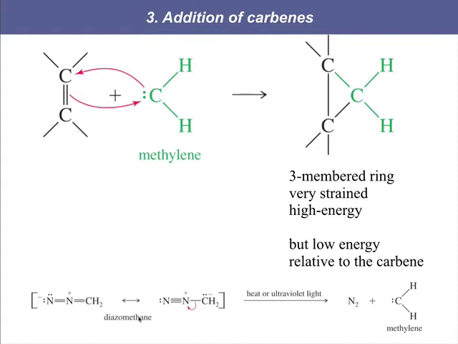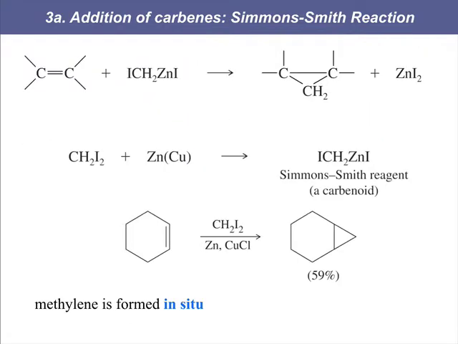There's a better way to do the same thing, a better way to generate methylene and therefore create a three-membered ring from an alkene, and that is called the Simmons-Smith reaction. Again, notice that we start with an alkene and our product is a three-membered ring, a cyclopropane. But instead of using diazomethane, we use what's called the Simmons-Smith reagent.